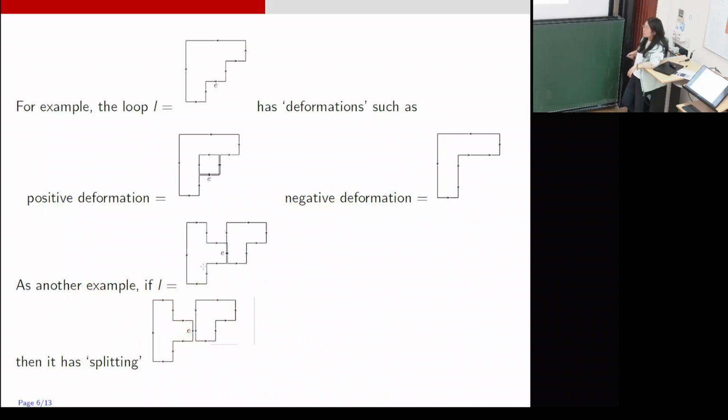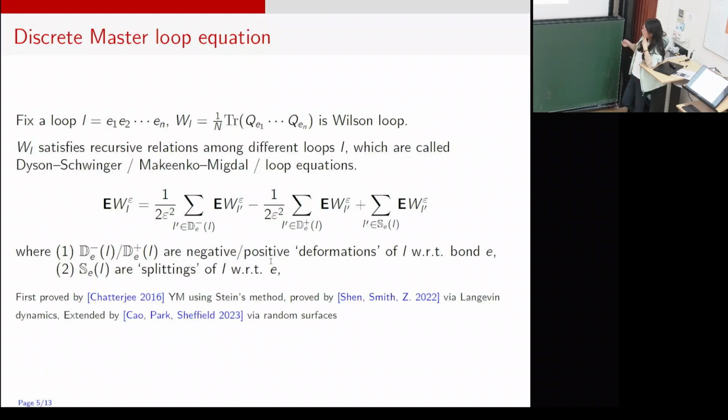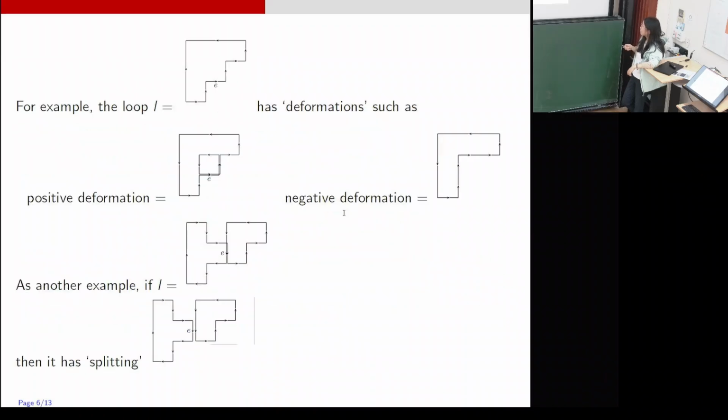This gives us the splitting part. And this master loop equation gives us the expectation of a general Wilson loop as a linear combination of this deformation part and splitting part. This is our discrete master loop equation.